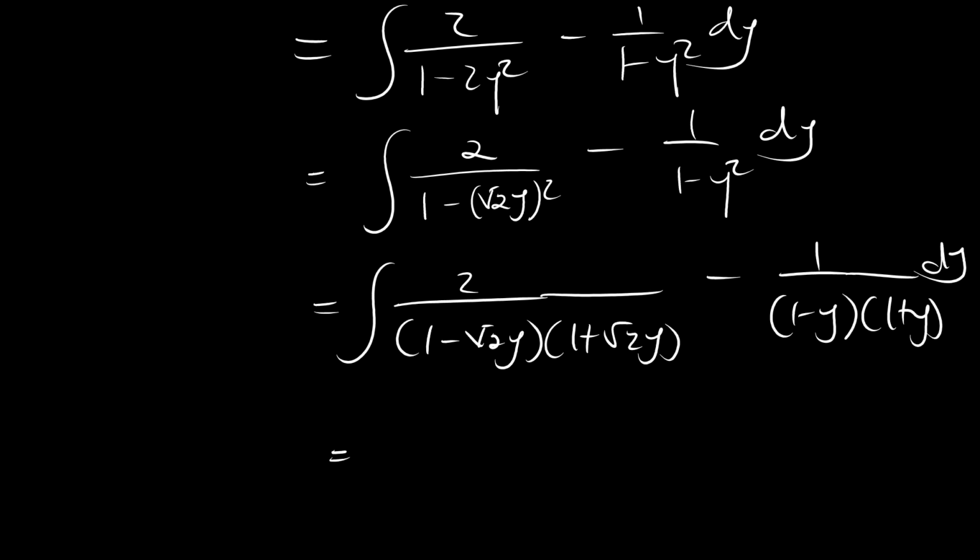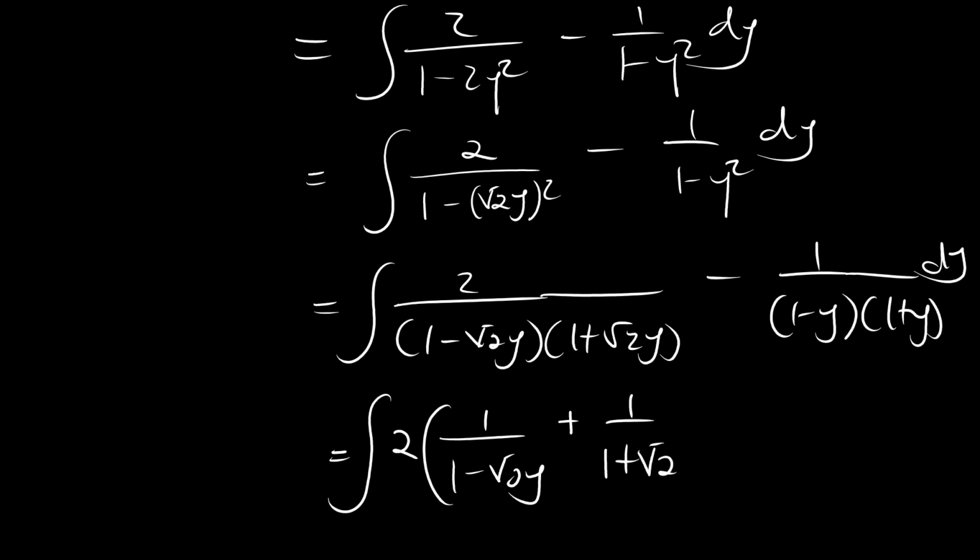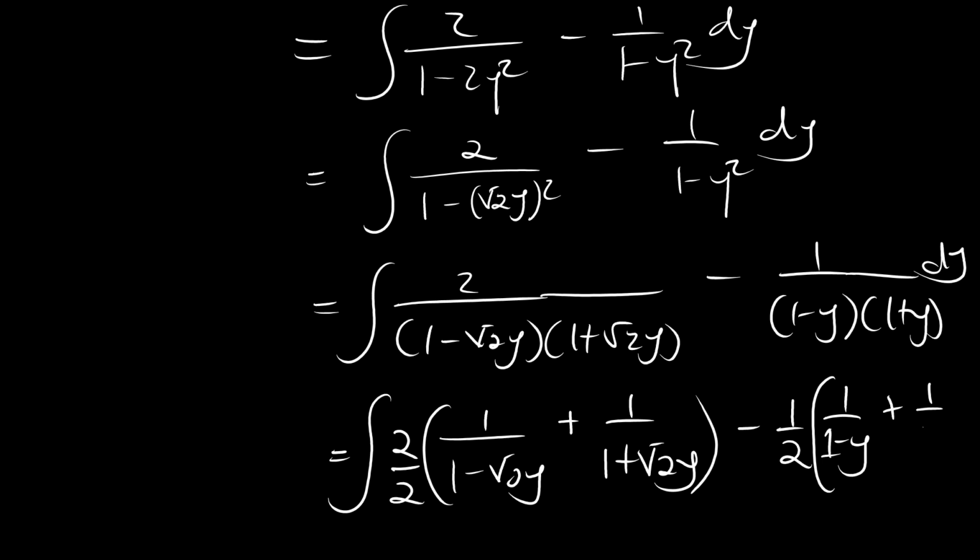So this becomes partial fractions: 1 over 1 minus root 2 y plus 1 over 1 plus root 2 y, divided by 2, minus a half of 1 over 1 minus y plus 1 over 1 plus y, dy.